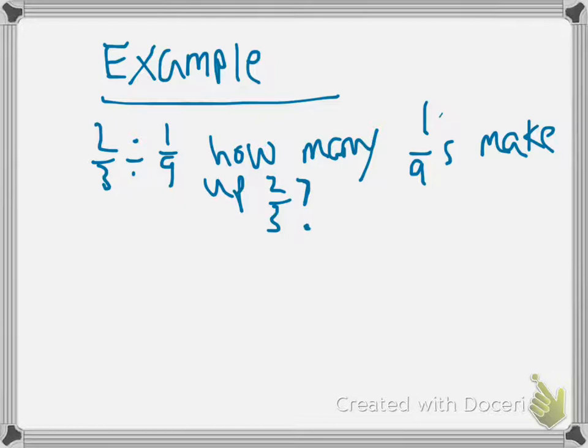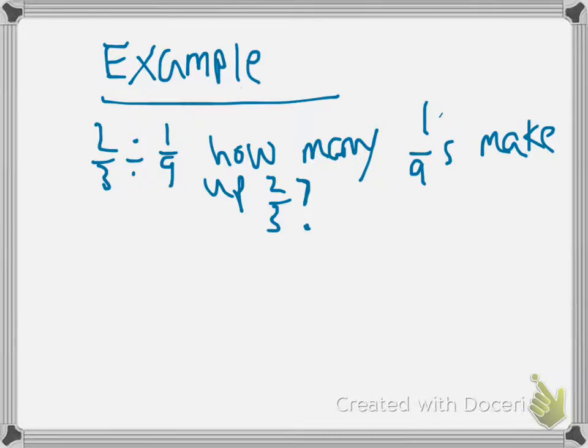And the last example is you can also show diagrams of division of rational numbers. For example, you might get a problem that says 2/3 divided by 1/9, and your question may ask you, how many 1/9 make up 2/3?